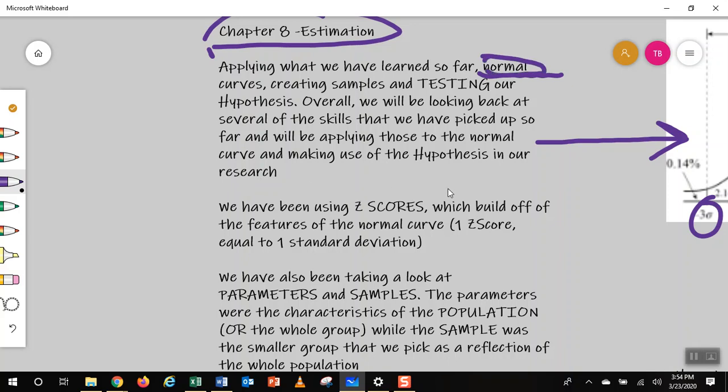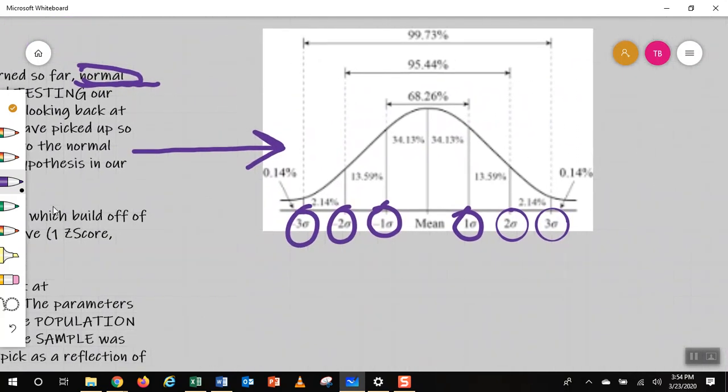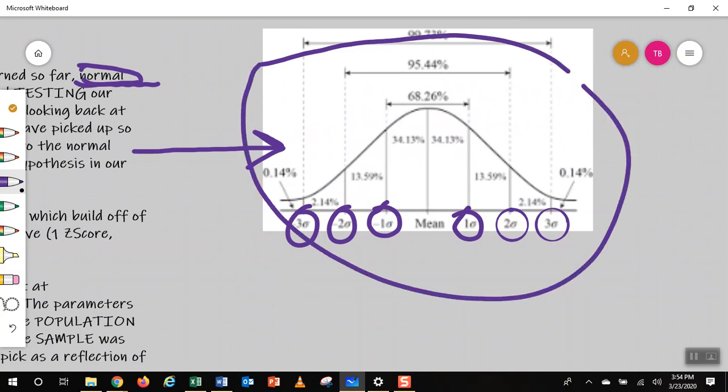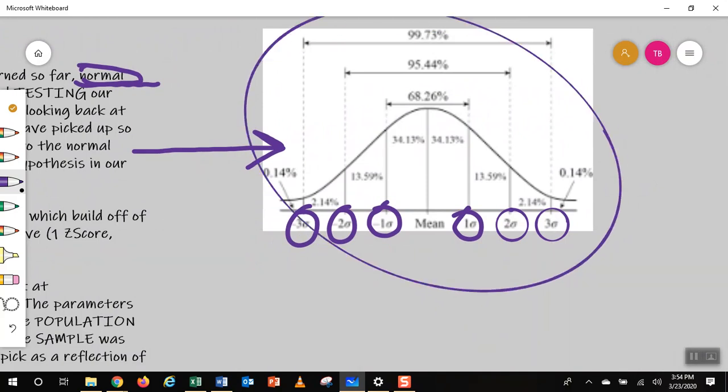And just as a review, I'm going to take a look at these. The last few times we've been looking at this overall process, normal curve, and remember we have a few of the features of a normal curve. It's standardized, and I pointed out some of these things down here. These scores, and we had z-scores, or they're called standard deviations.